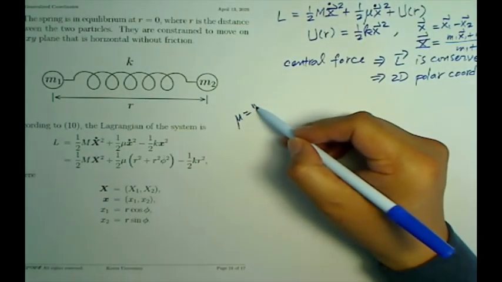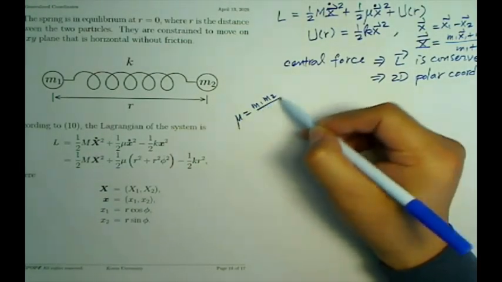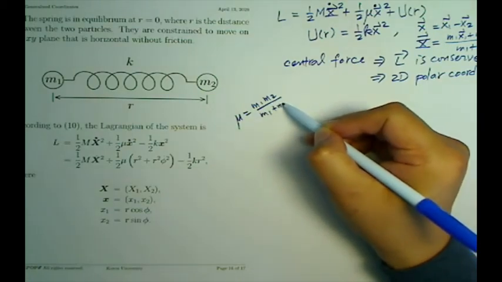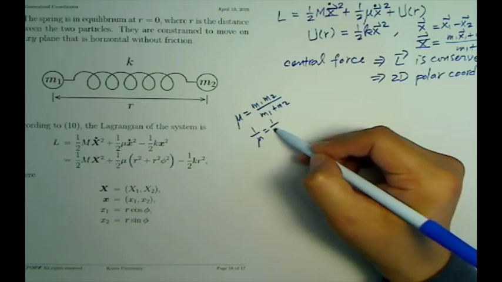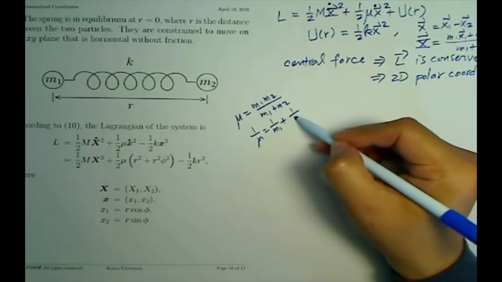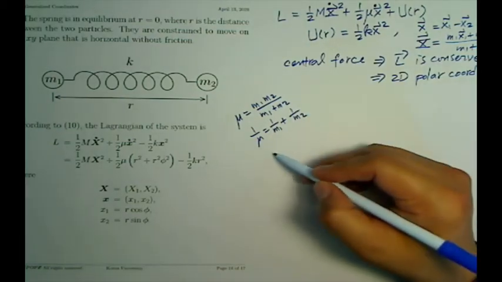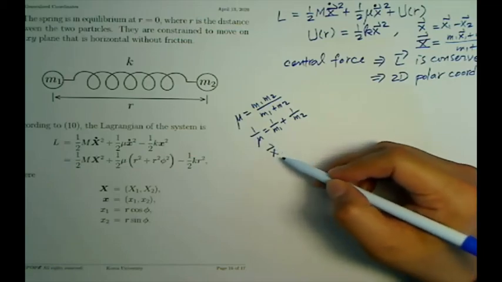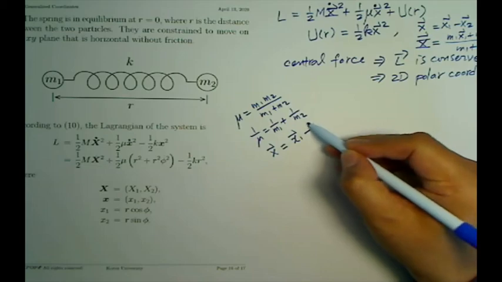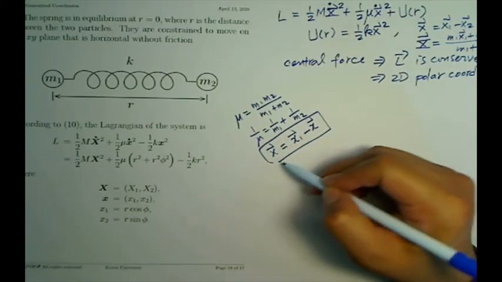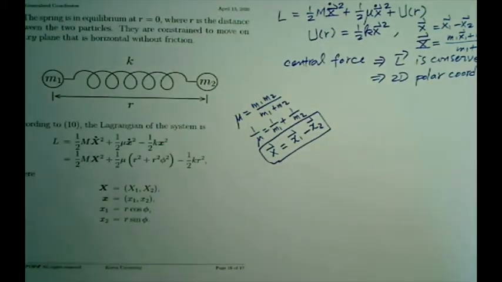the reduced mass. Mu is the reduced mass. You must remember the relative coordinate x is the difference between x1 and x2.